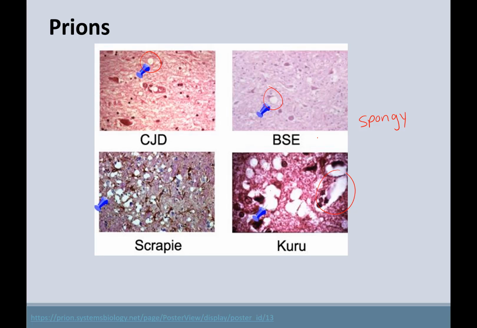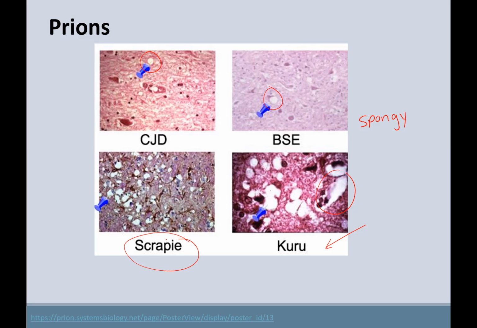So BSE is bovine spongiform encephalitis. Okay. Kuru is a prion disease due to cannibalism. So in some small tribes, when a member of the tribe would die, they would eat the brains. And what they found is sometimes these people died because of prion disease, and then the people who ate the brains basically ingested the prions and then also came to die.